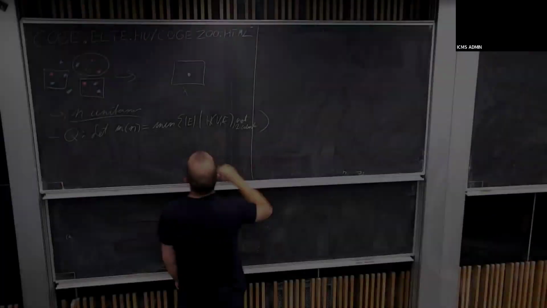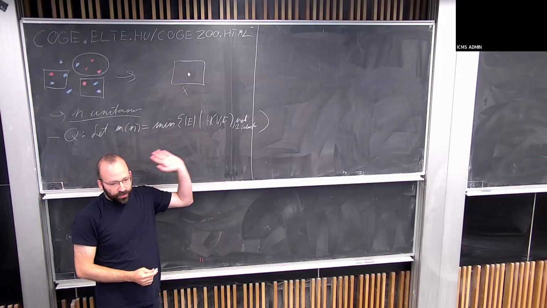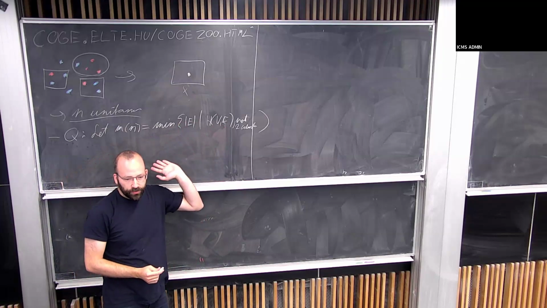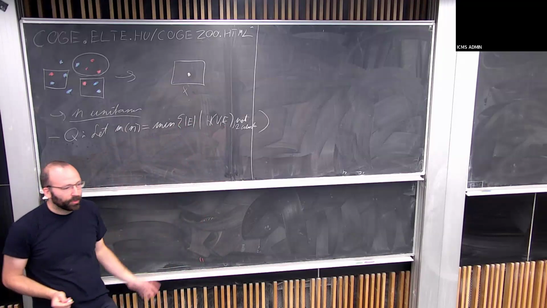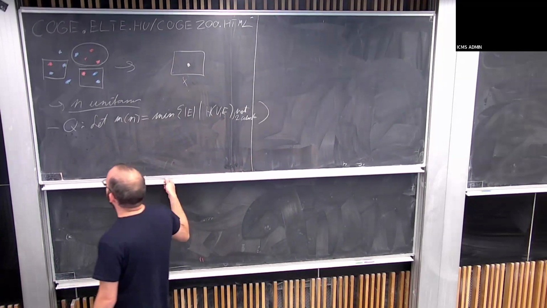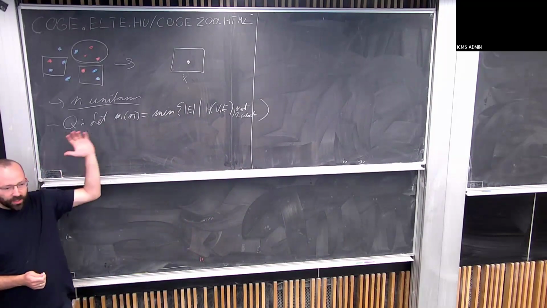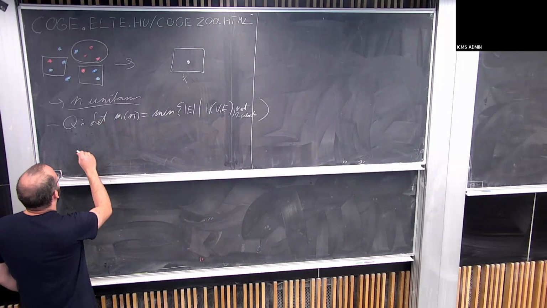Okay, so I want an n-uniform hypergraph. I don't say anything about the number of vertices. I just want few edges to enforce that the chromatic number is not 2. And this already shows that it's not going to be easy to construct these hypergraphs because we need a lot of edges. So Erdős, here is a nice theorem.